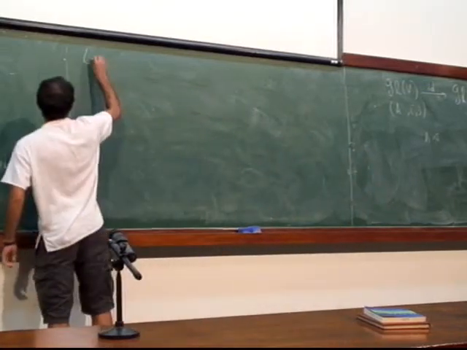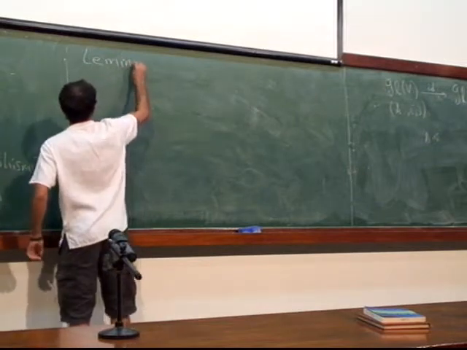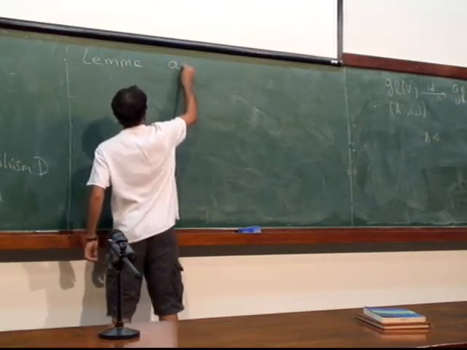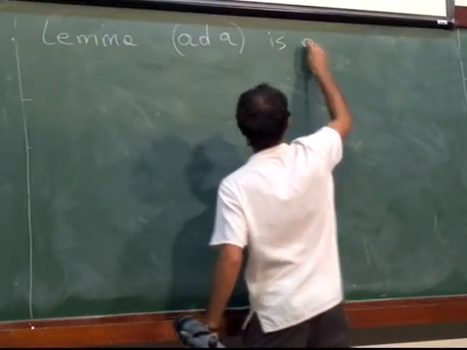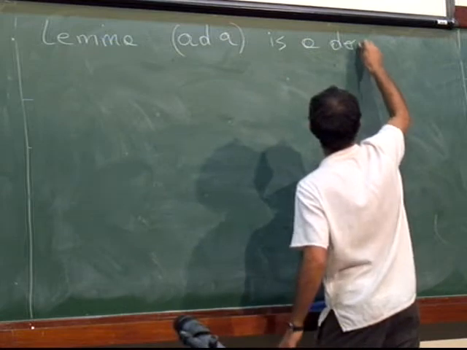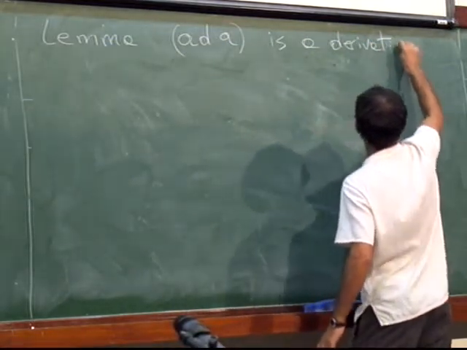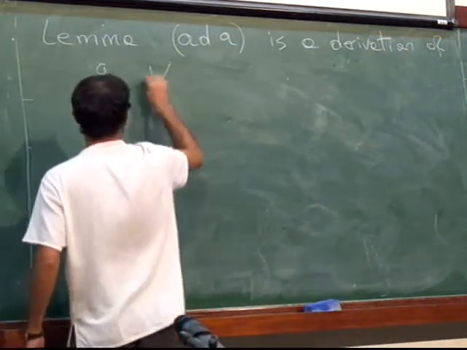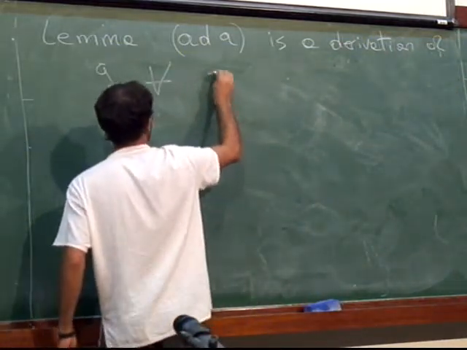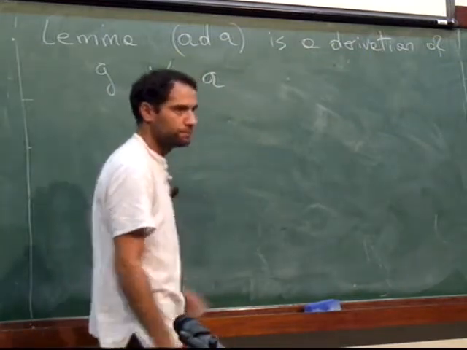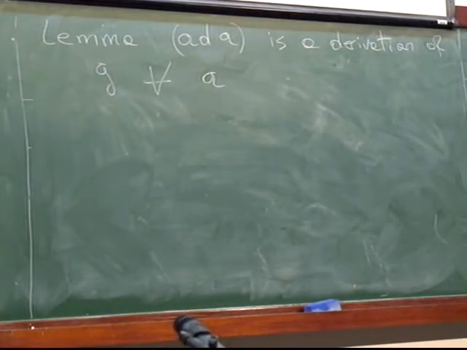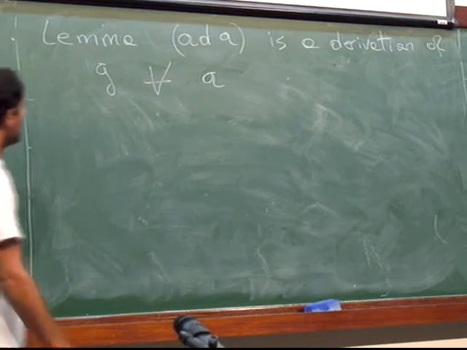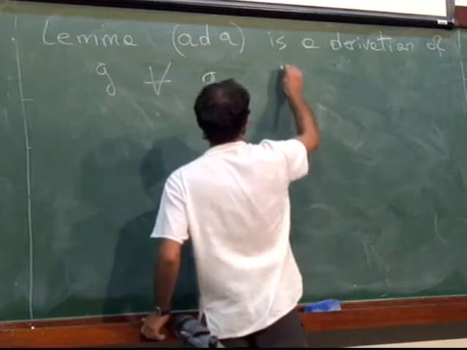So, lemma: ad A is a derivation of G for every G, for every A. So these are called inner derivations.